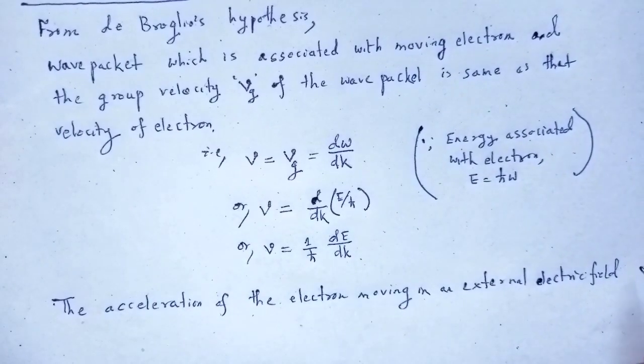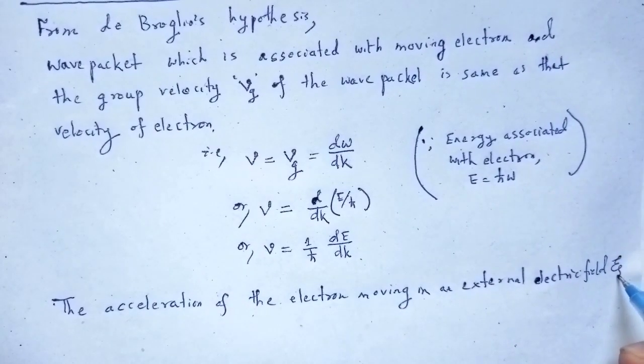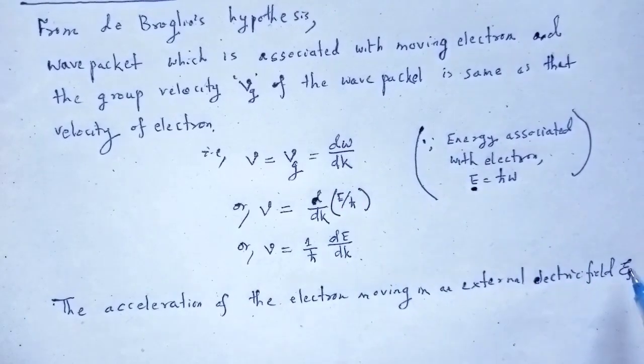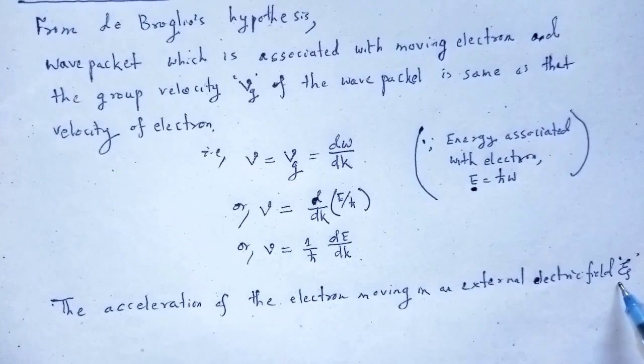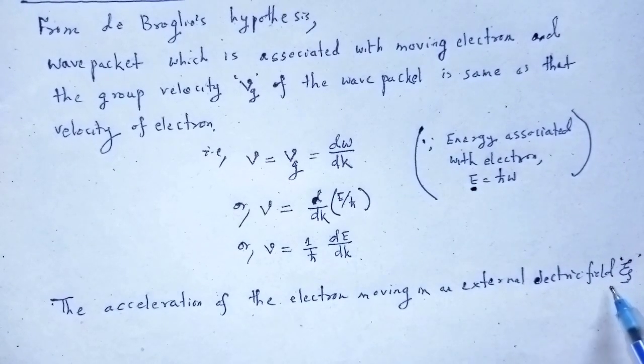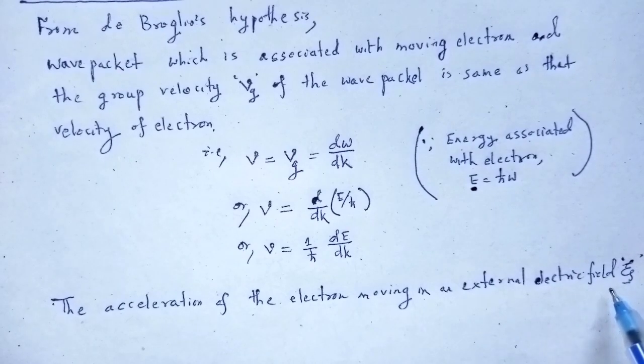E is referred to as the energy term, therefore another notation, zeta, is used for the external electric field.